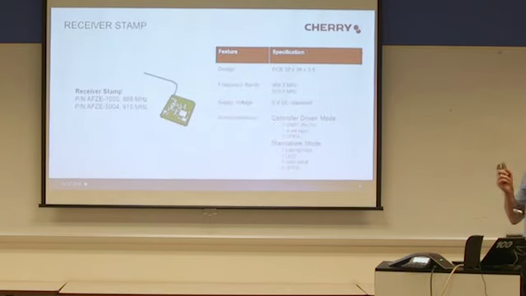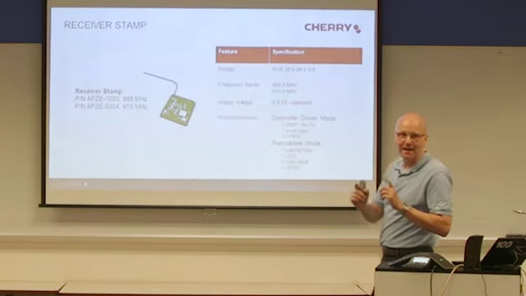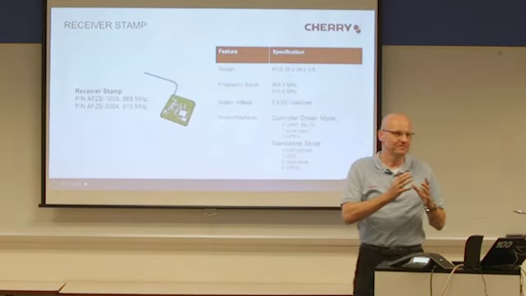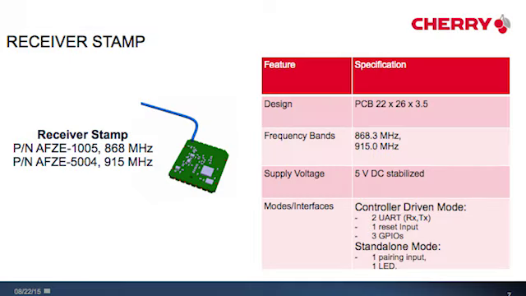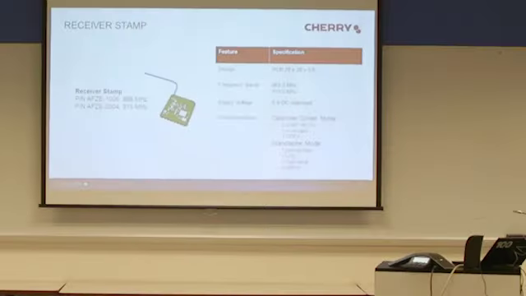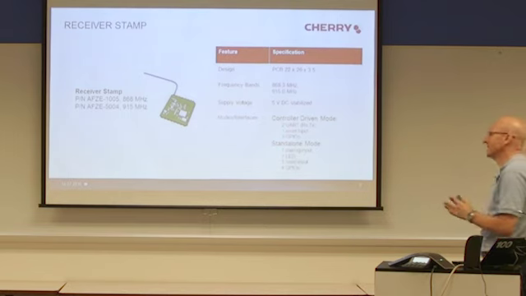Okay, why is it so important, and why did I describe it in such detail? Now we are coming to the RF stamp. The RF stamp is the RF heart of the receiver, and for the RF stamp the situation is the same as for the packed receiver.